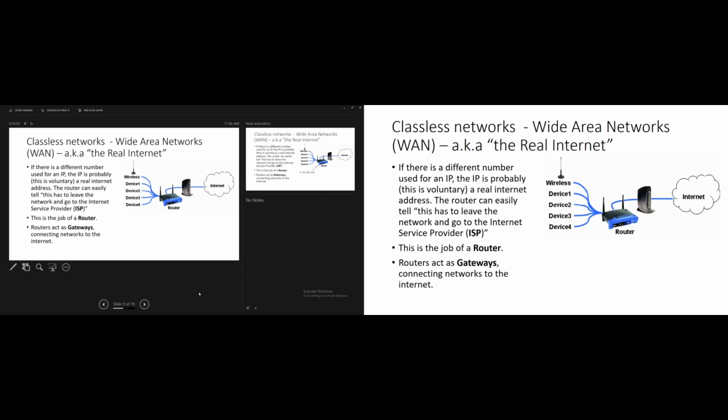If it's inside the LAN or if it's outside to the internet. That's the purpose of the router. The router is what's called a gateway. Okay? You want to write that down too. Router is a gateway. Gateways control whether the traffic's inside or outside. I'm going to give you a little bit of time to write that down. Very important principle.